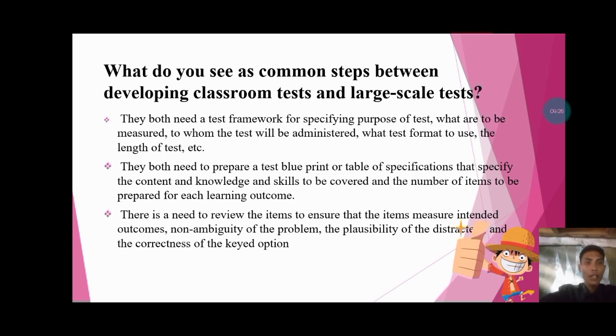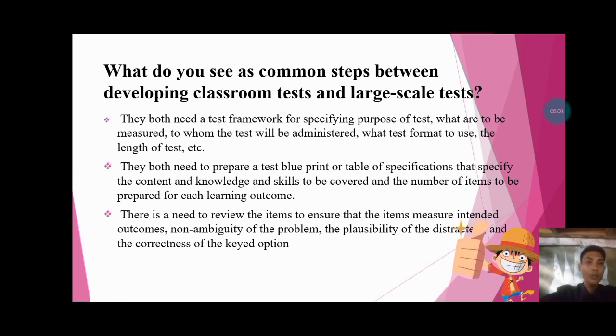What do you see as common steps between developing classroom tests and large-scale tests? First, they both need a test framework for specifying the purpose of the test, what is to be measured, to whom the test will be administered, what test format to use, the length of the test, etc. Second, they both need to prepare a test blueprint or table of specification that specifies the content and knowledge skills to be covered and the number of items to be prepared for each learning outcome.